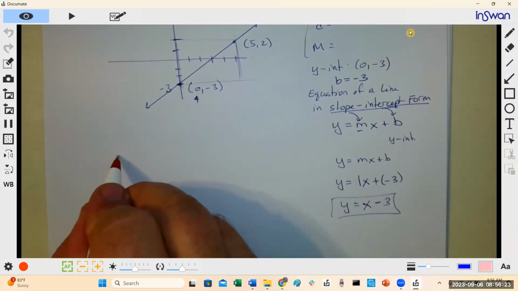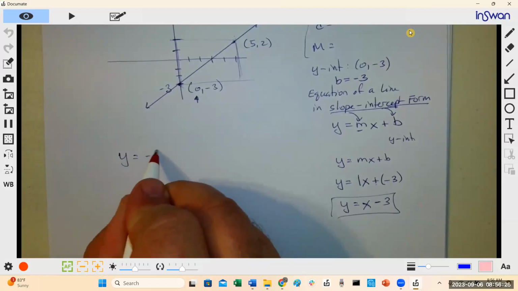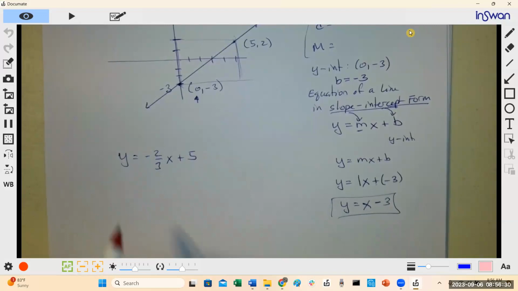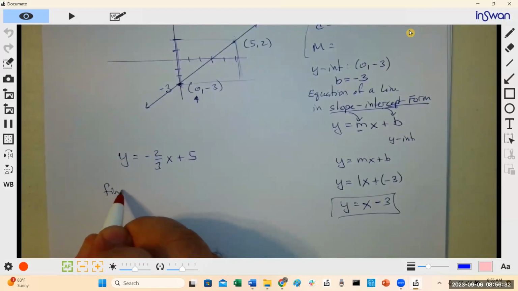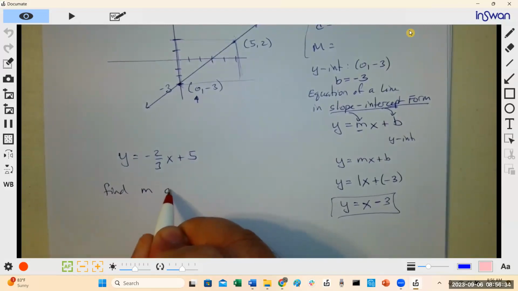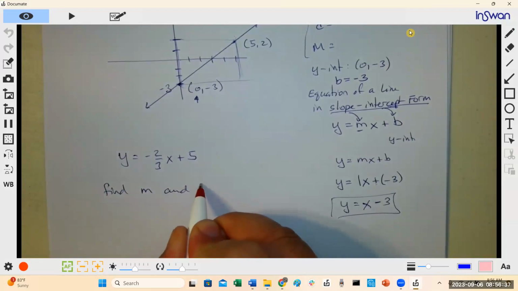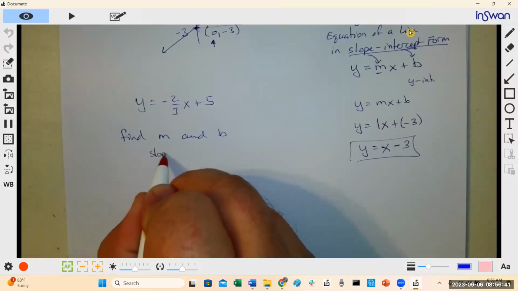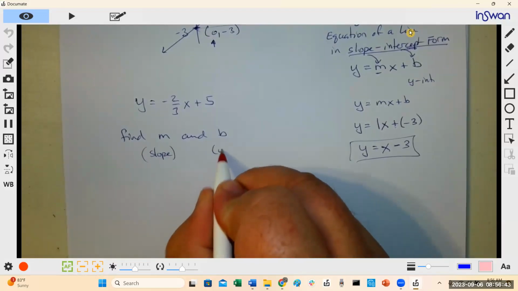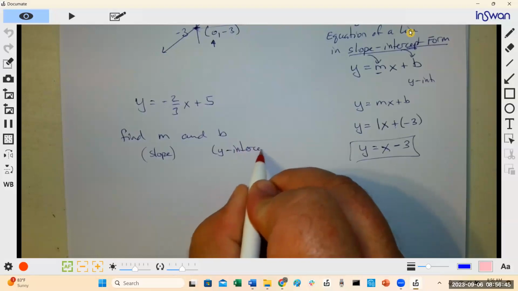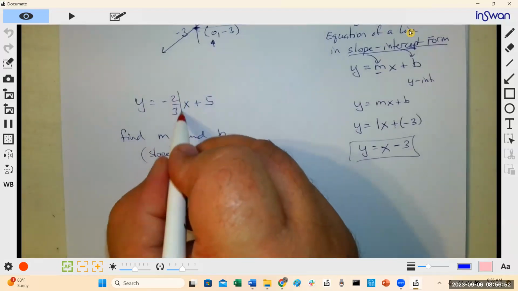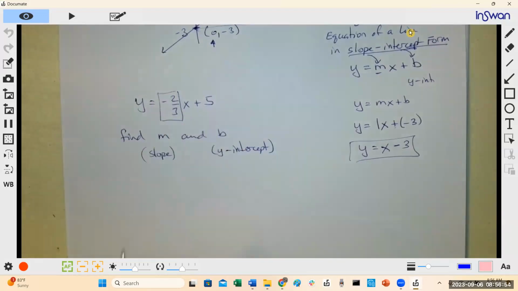All right, so what if I gave you this equation? Find m and b, or the slope and y-intercept. The slope is always whatever is in front of x.